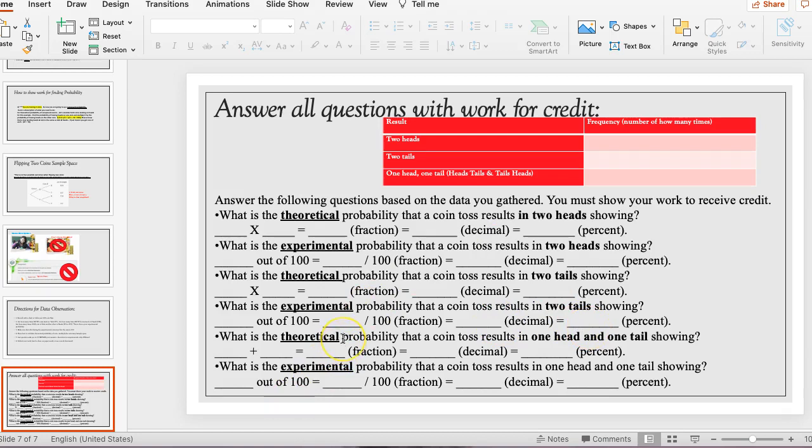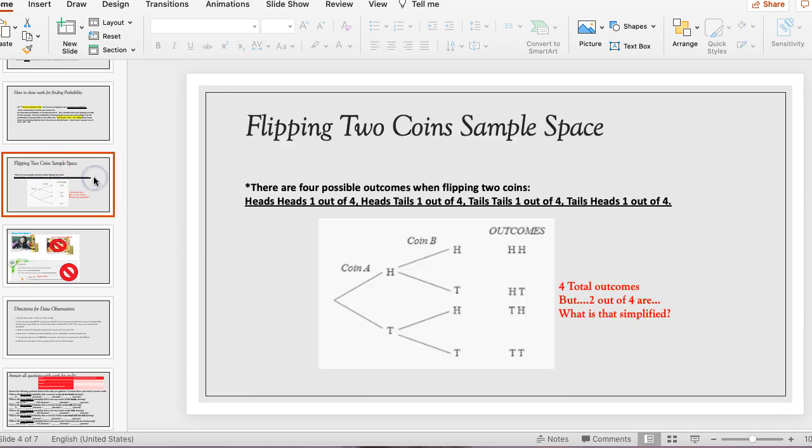All right, back to theoretical probability, what should happen, what I expect might happen if 1 coin lands heads and 1 coin lands tails. So again, back to my sample space, we're talking about this right here. There are actually 4 total outcomes, not 3. So there are 2 times that it could land on 1 each. The order is just changing.